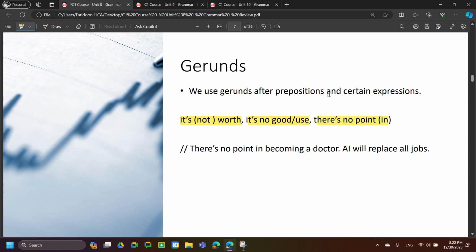So the in part is of course the preposition. It's a specific expression, but after the in part we are putting the gerund. Example, there is no point in becoming a doctor. AI will replace all jobs. So this is just one example, but as you can see, we do have a gerund after the preposition in.